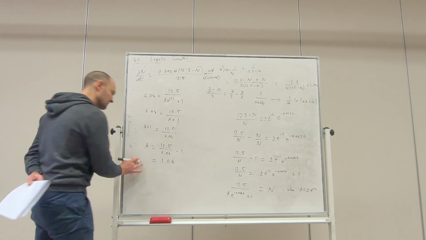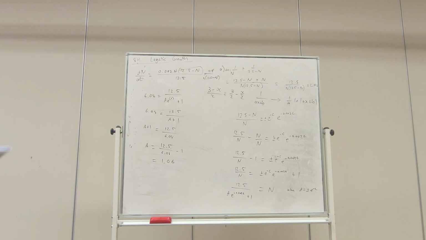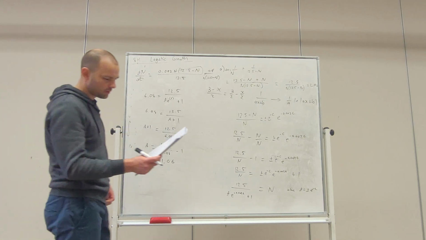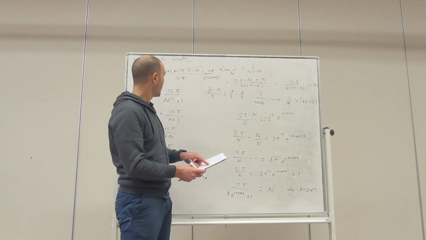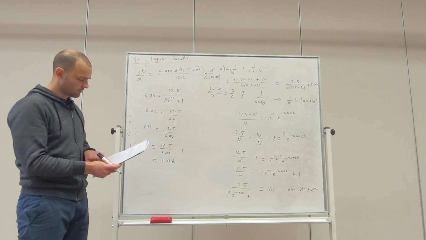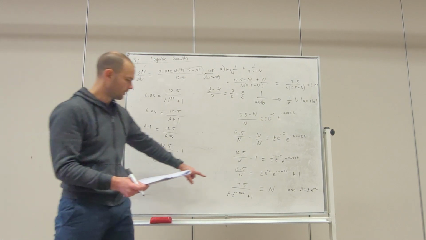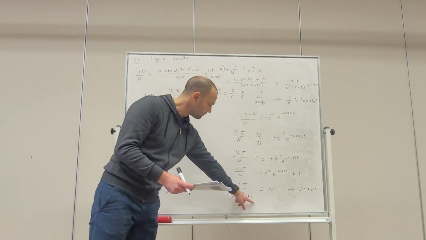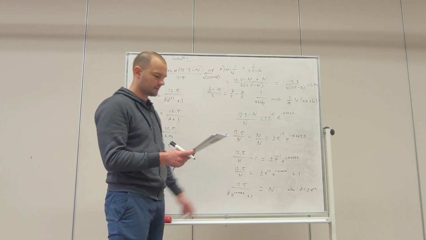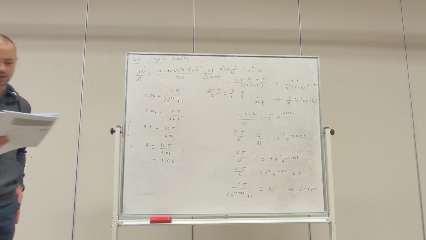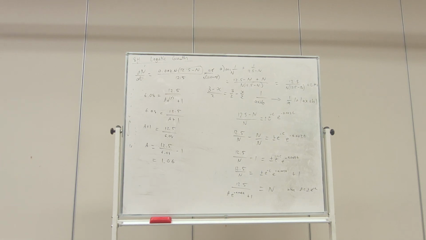Nice. Very good. So we've demonstrated that the particular solution to the differential equation is 12.5 on top of 1 plus 1.06 e to the negative 0.002t. All right, cool. Let's move on to part C.